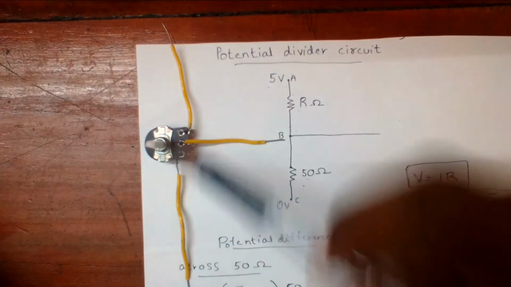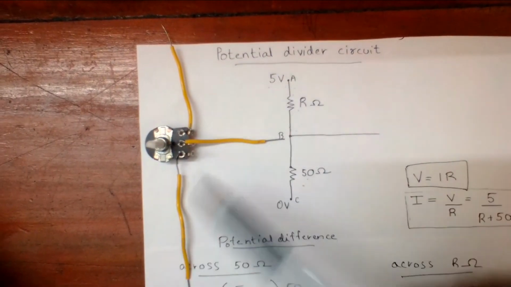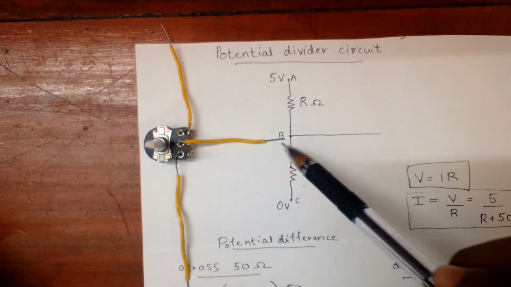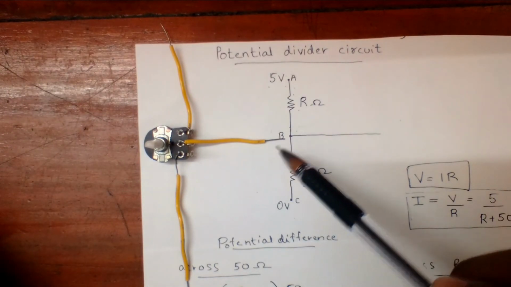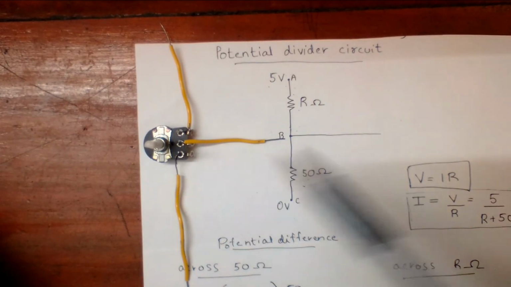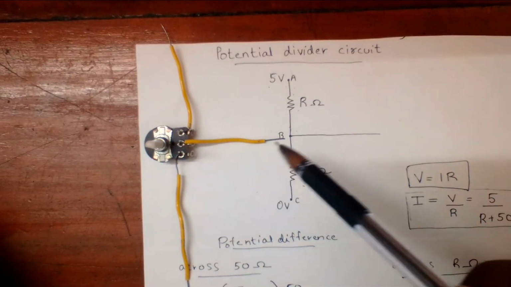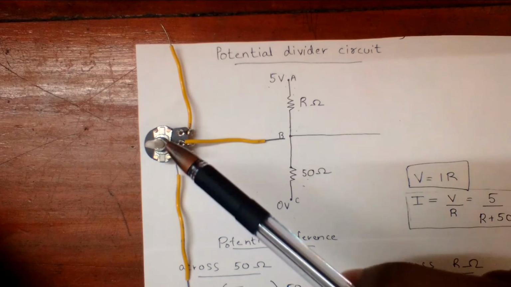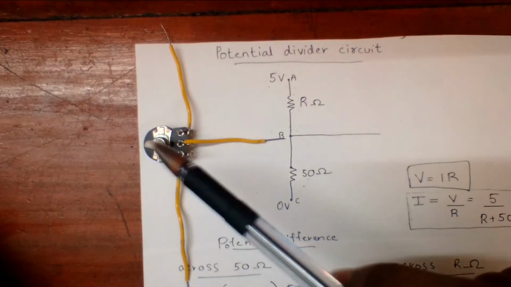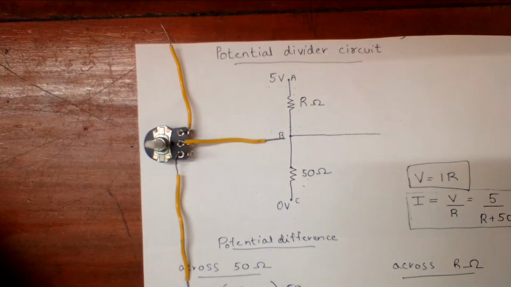If we connect 5 volt to this wire, 0 volt to this wire, and connect it to something like an Arduino's analog pin, and if we vary this resistor, that is exactly like varying this R. So the potential at this wire goes on varying as we vary this plug. So we could use it in further Arduino programs and Arduino projects.